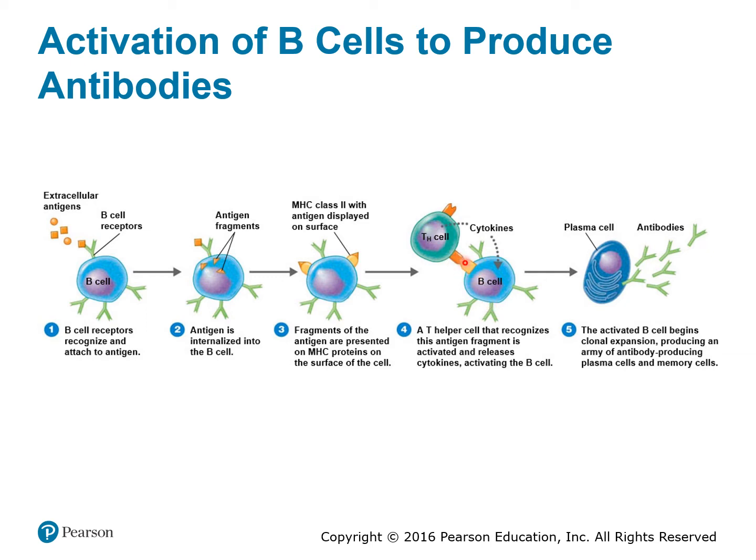You can see right here, the helper T cells will bind to the B cell, and once they have that contact, they release cytokines, which help activate the B cell. Eventually, after it's been activated, the B cell will differentiate into memory cells and plasma cells.